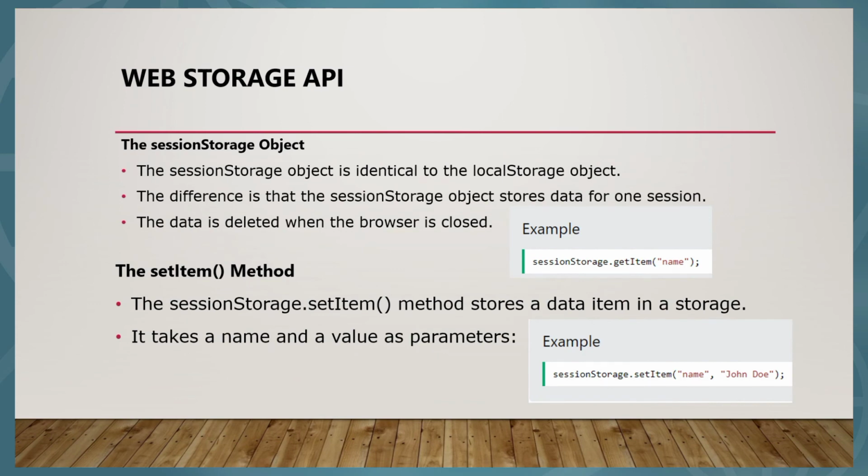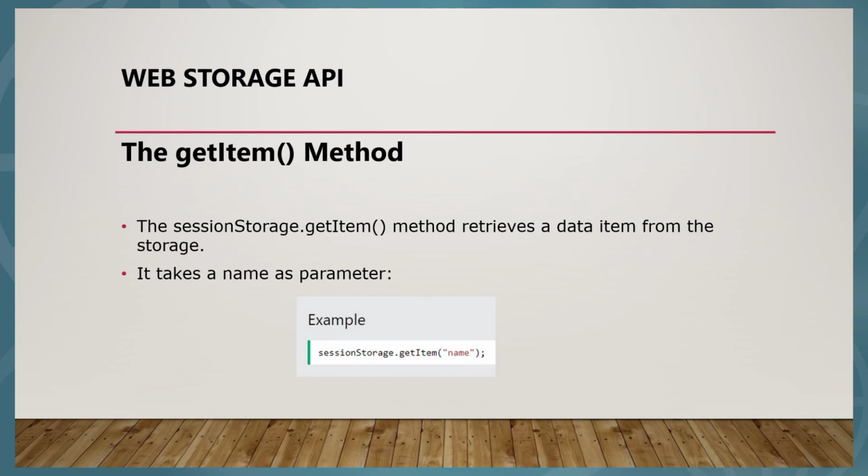The set item method. The session storage set item method stores a data item in a storage. It takes name and value as parameters. The get item method. The session storage get item method retrieves data from the storage. It takes again a name as parameter.